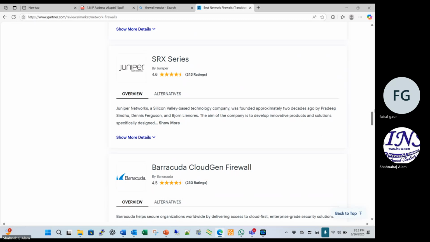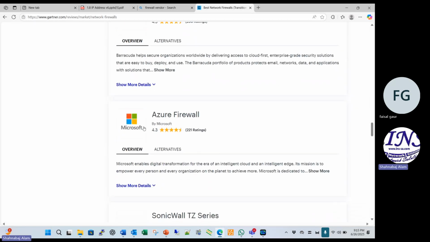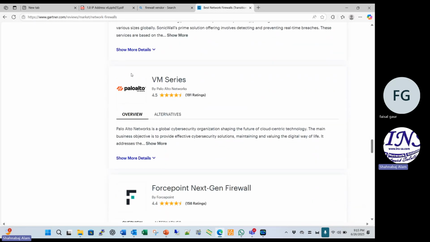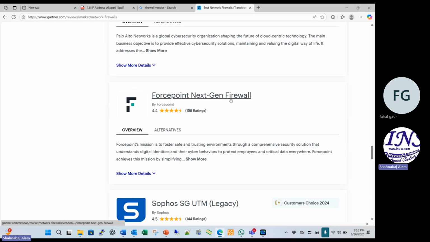Juniper Networks is also making firewalls, and also Azure Firewall. Microsoft's mission is to empower every person and every organization on the planet to achieve more. So Microsoft is also making Azure Firewall, and VM series, this is the Palo Alto VM series. Forcepoint also makes the next generation firewall.